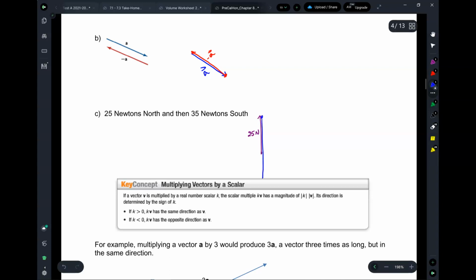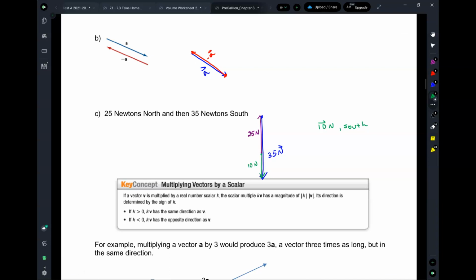And I want to make that one a little bit longer, right? Okay, so what's the resultant? It goes from the beginning of my path to the very end. So how much would be the balance there? 10. Right? So it would be 10 newtons south.